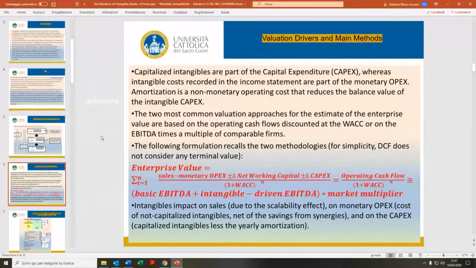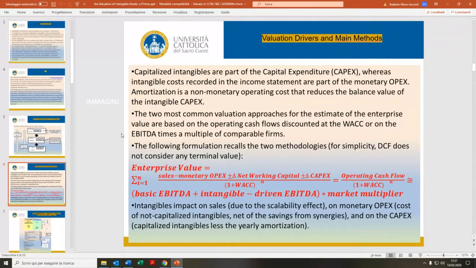Intangible costs are normally part of the monetary OpEx, monetary operating expenditure. Amortization, that is another component of intangibles, is a non-monetary OpEx, because whenever I amortize the value of, for example, a patent, I don't have any cash out, any decrease in my liquidity. So this is a non-monetary cost.